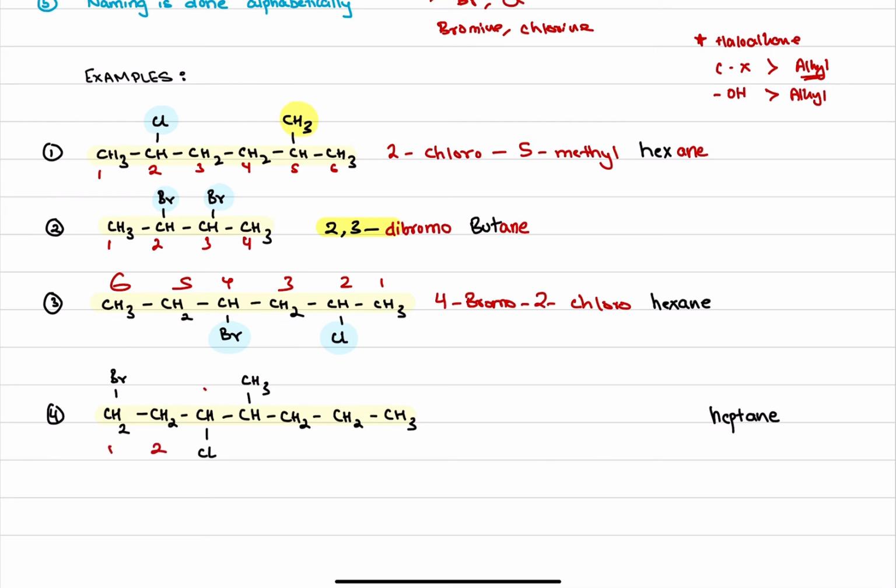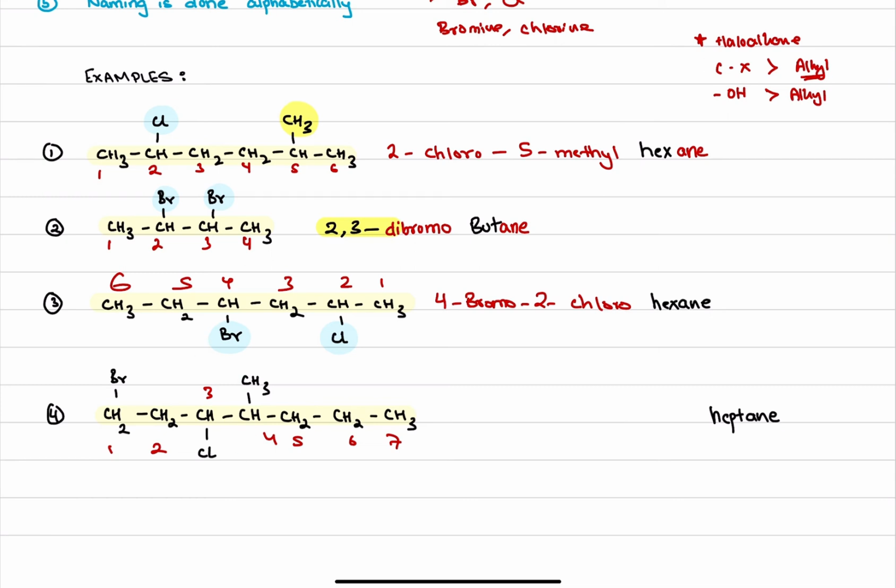Definitely we'll start numbering from this side. Why? Because this will give the lowest possible number to both of our carbons. If you start from this side, it will be 1, 2, 3, 4, 5, 6, 7. So that's definitely not giving the lowest possible numbers to our carbons with halogens attached. So we will definitely give this one and this 3.